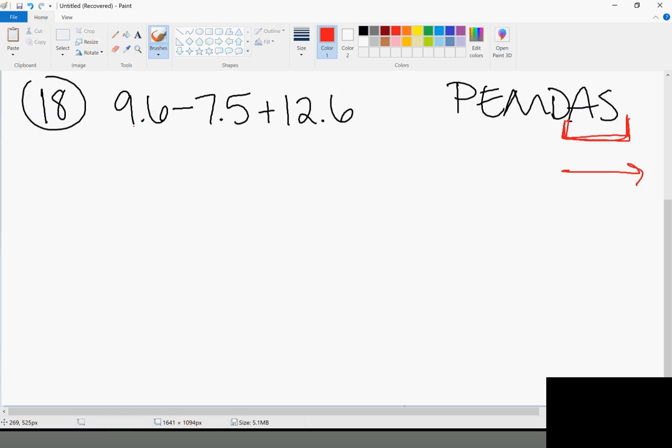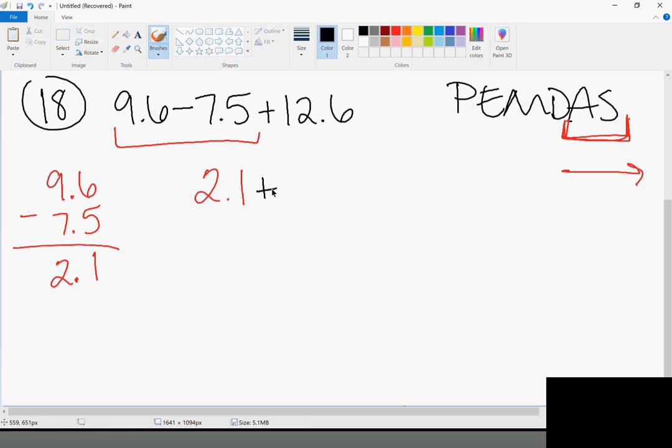So that means we're going to do this first. So we have 9.6 minus 7.5. When you subtract decimals, you line up the decimal point. So 6 minus 5 is 1. Bring down the decimal. 9 minus 7 is 2. So we have 2.1 plus 12.6.